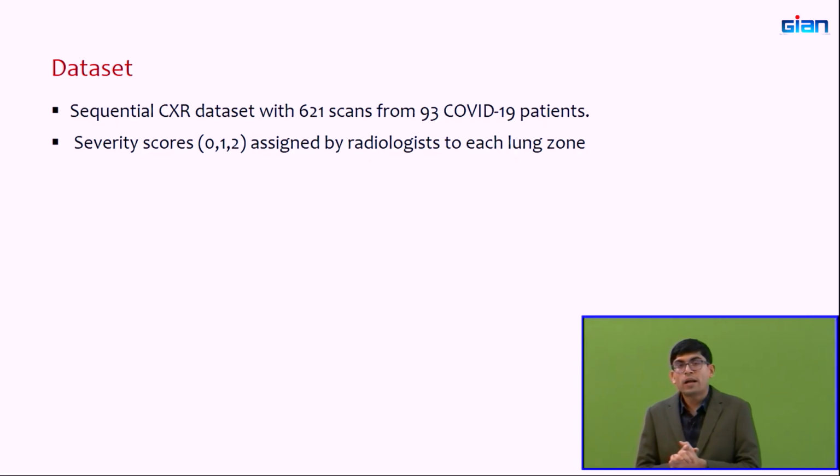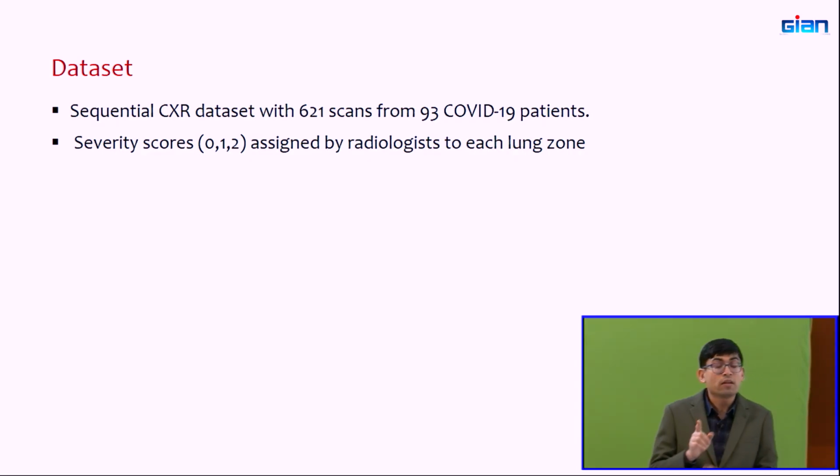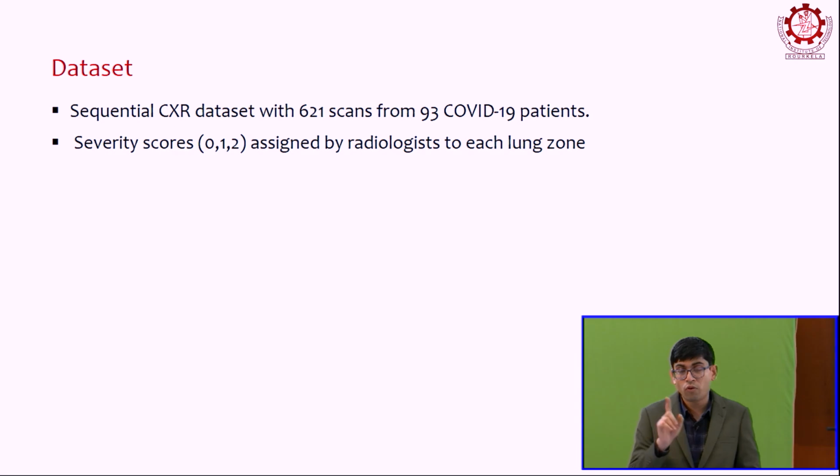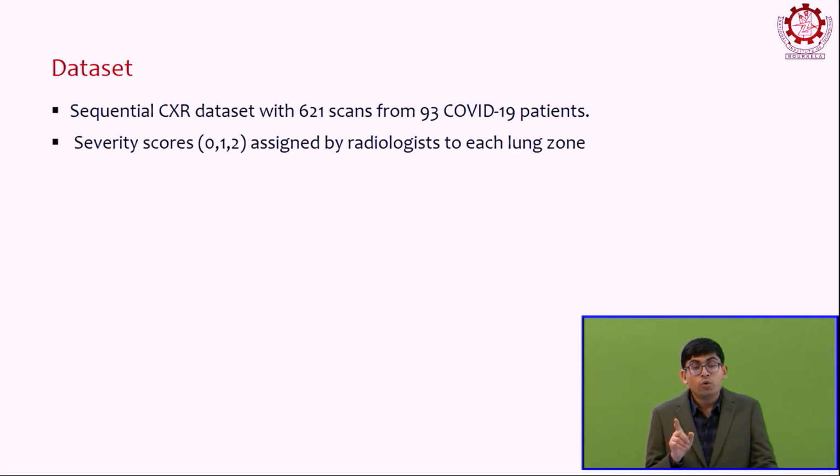But if you look at how the data set was collected, there's an important lesson in this for anyone who wants to get into medical imaging: you need to understand the source of your data, right?